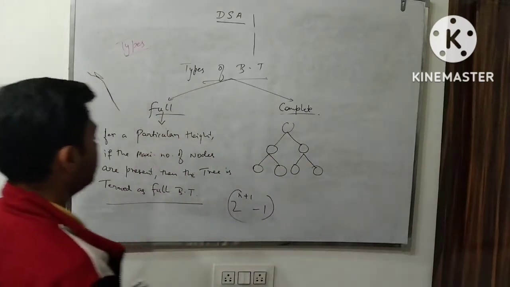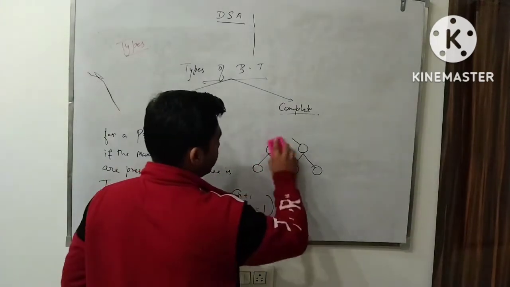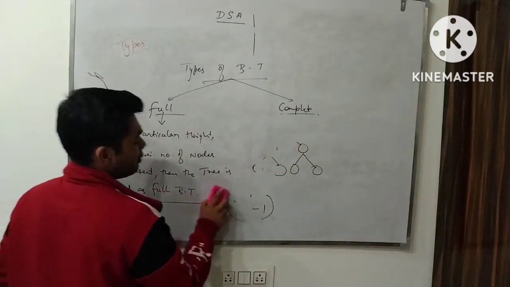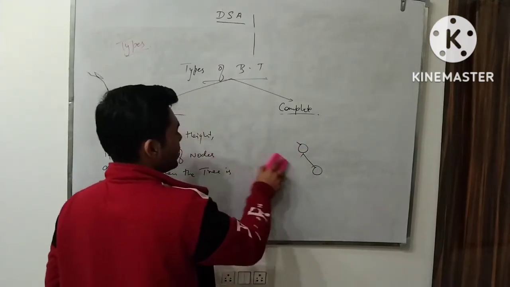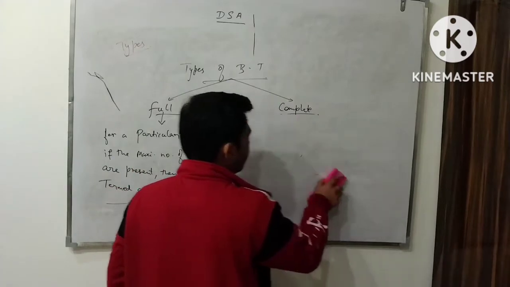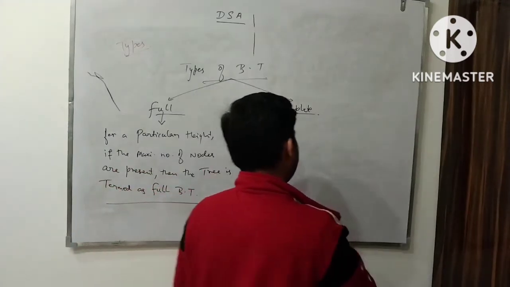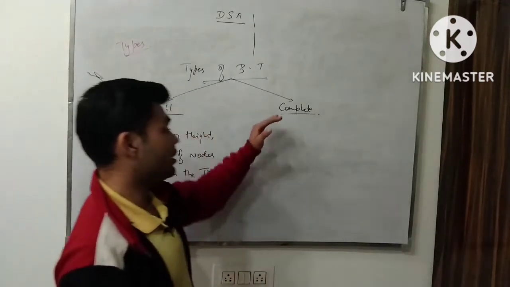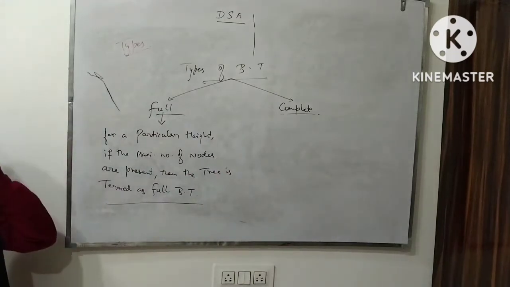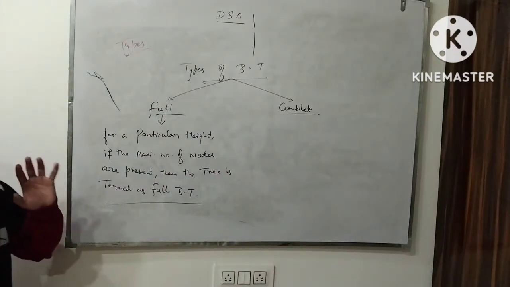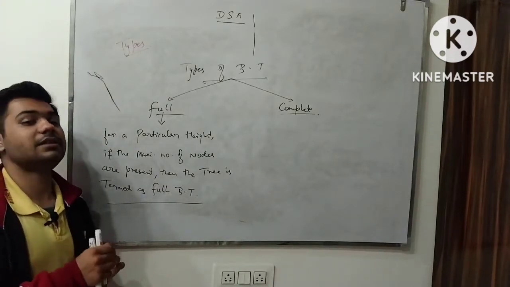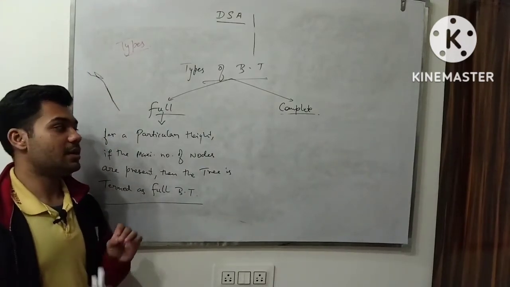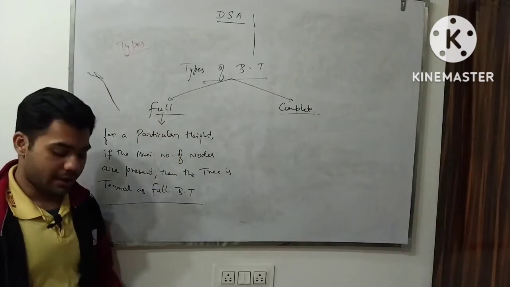Now it's time for the complete binary tree. What is a complete binary tree? Any binary tree in which every node compulsorily has its left child is known as a complete binary tree.